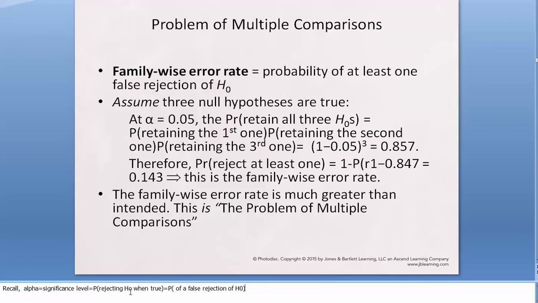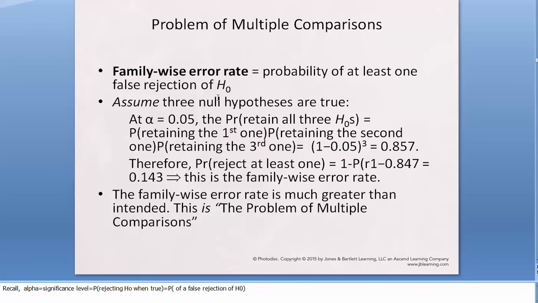There are several of them. So let's define the probability that at least one of them will be rejected falsely. That is the probability of at least one false rejection of H null, and it is the definition of family-wise error rate, because there is a family of null hypotheses. If there are 5 pairs, there will be 5 null hypotheses, right?